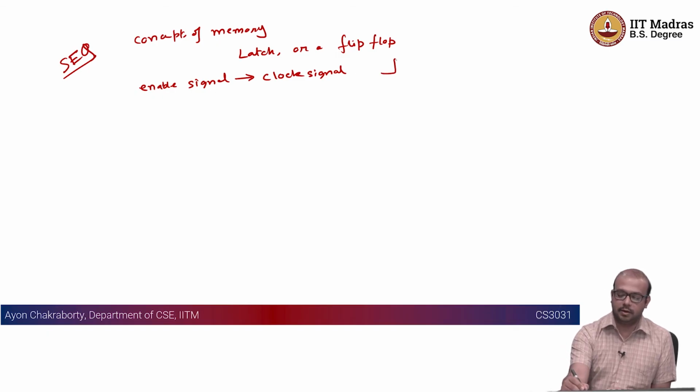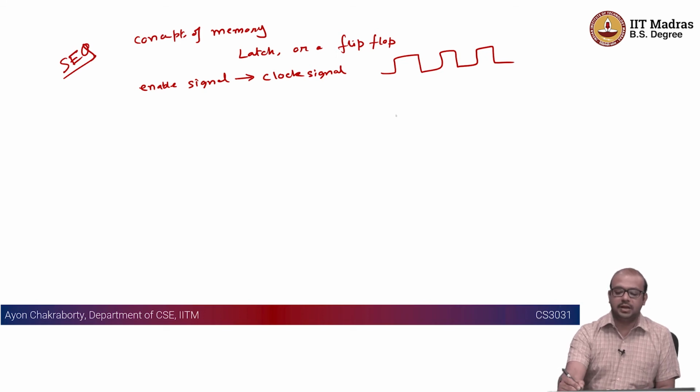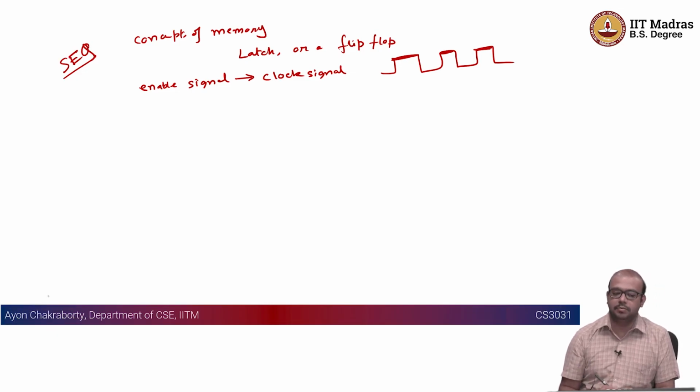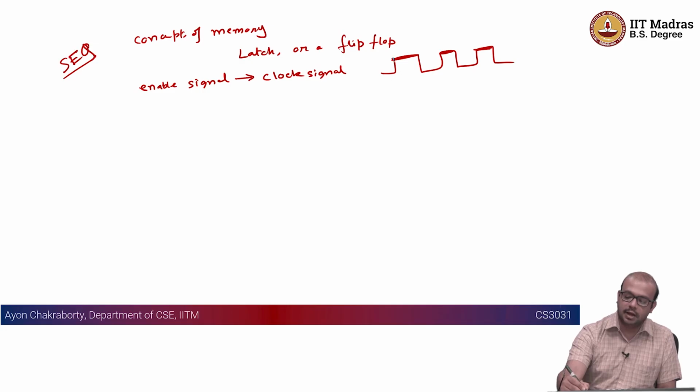So if you think of a clock signal like this, that is basically a latch which is level triggered, and the flip-flops are not really level triggered, and we discussed why it is also important to trigger the circuit on edges, and what are the advantages of doing that. You should refer to the corresponding sections.